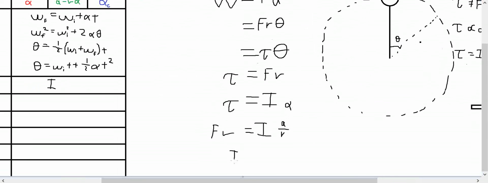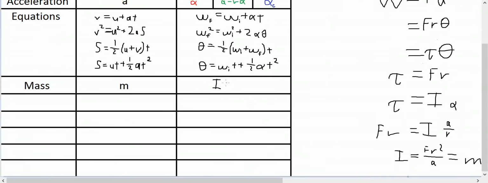So I equals F R squared over a. Now F equals ma, so I equals M R squared. So I is called the moment of inertia, and it's equal to M R squared.